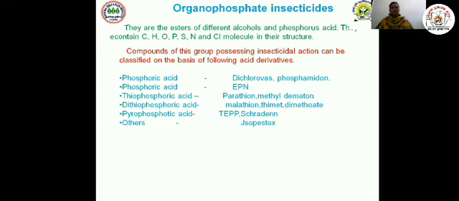Now coming towards the organophosphate insecticides. They are the esters of different alcohols and phosphorus, and they contain C, H, O, P, S, N, and Cl in their structure.